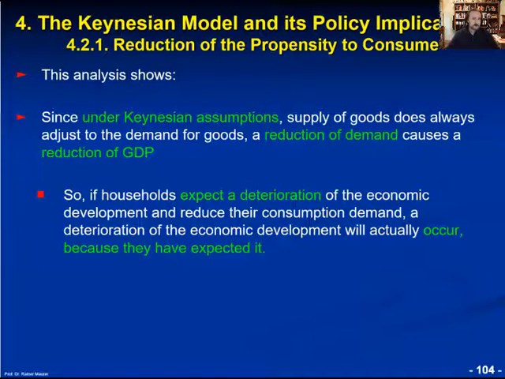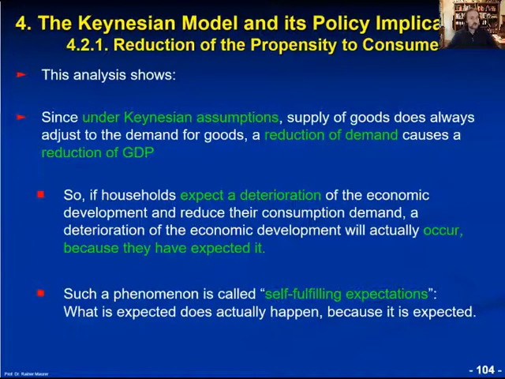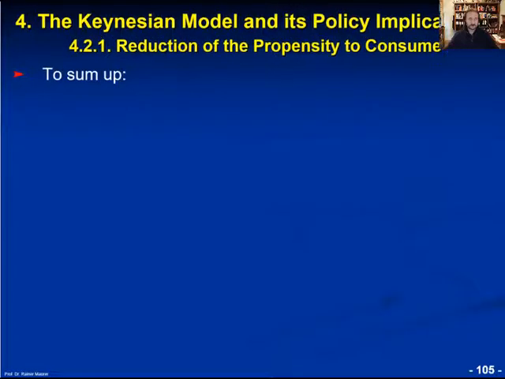So if households expect a deterioration of the economic development and reduce their consumption demand, a deterioration of the economic development will actually occur because they have expected it. Such a phenomenon is called self-fulfilling expectations. What is expected does actually happen because it is expected.